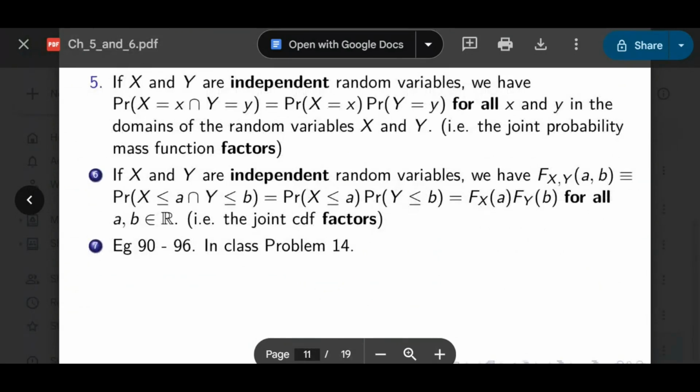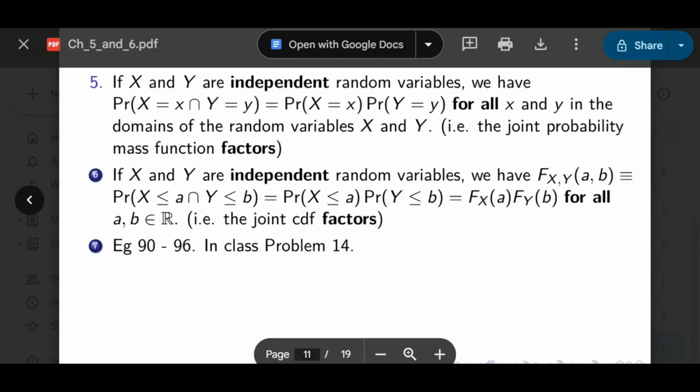It's quite important, okay? So if you have independence, then yes, you can say that the probability that they happen together is the product of their individual probabilities, i.e., the joint probability mass function factors. In fact, you can use this as a check for independence. But it's tedious.